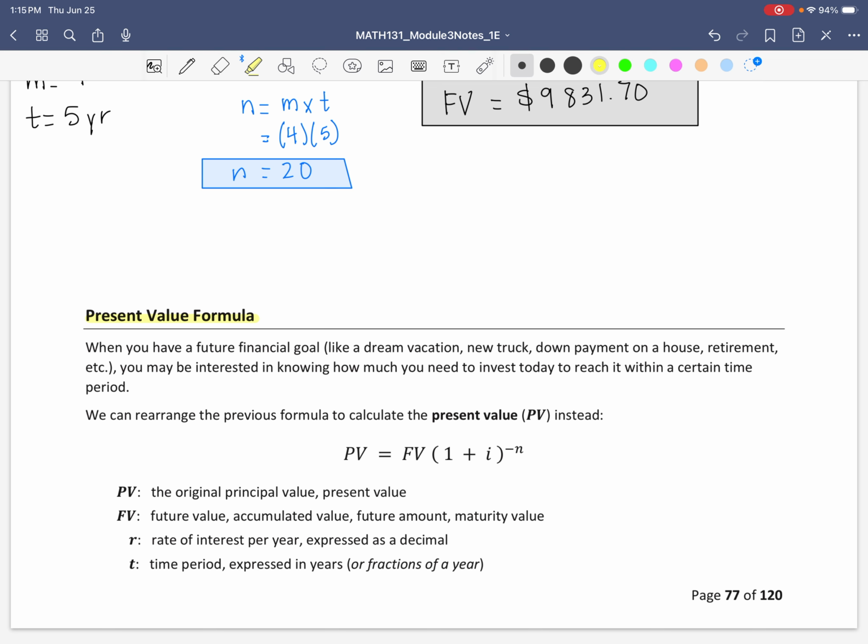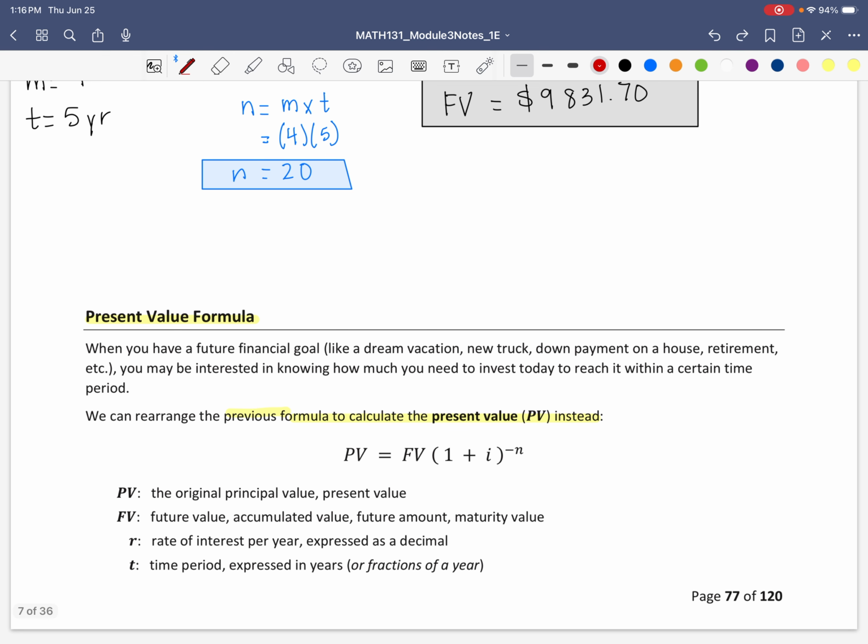So we can rearrange the future value formula in order to solve for our present value. So same variables, just the formula is rearranged in order to isolate or solve now for our present value.